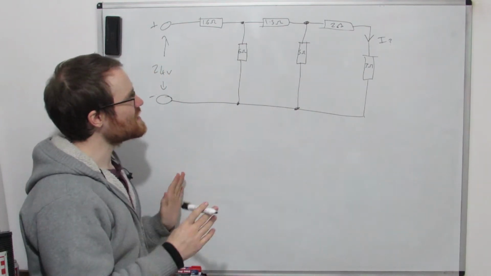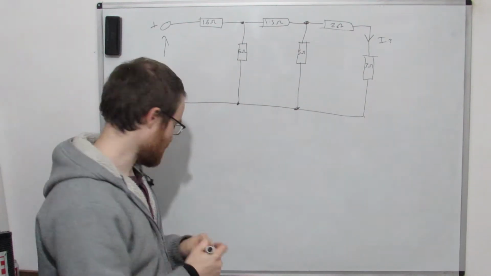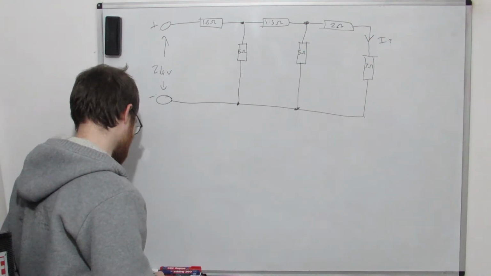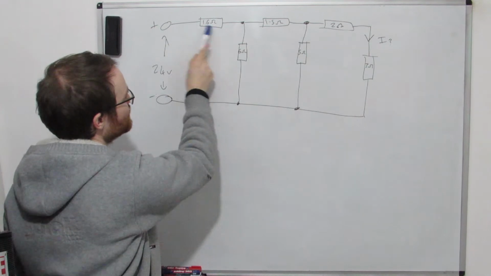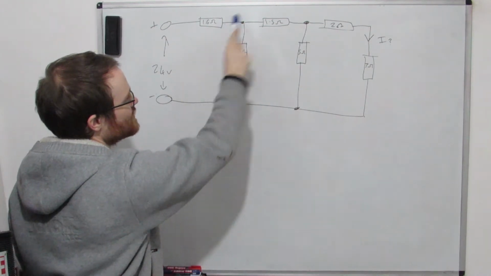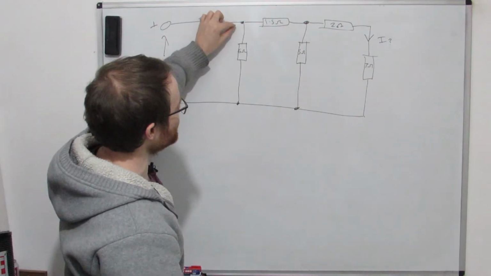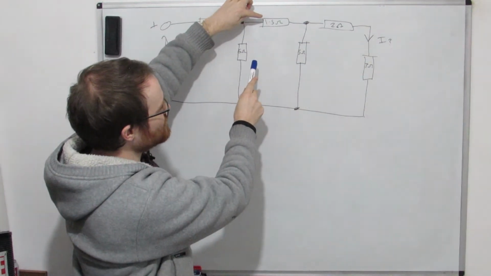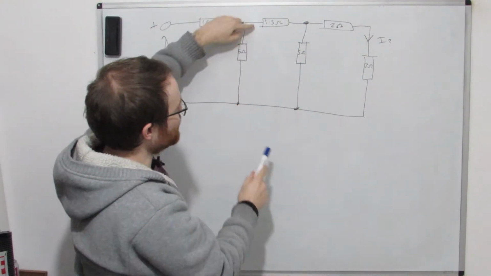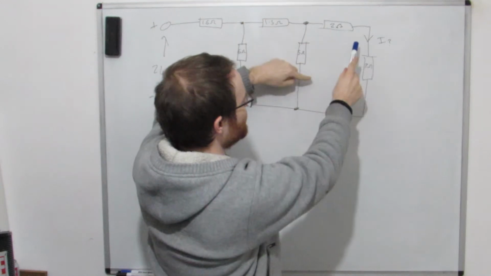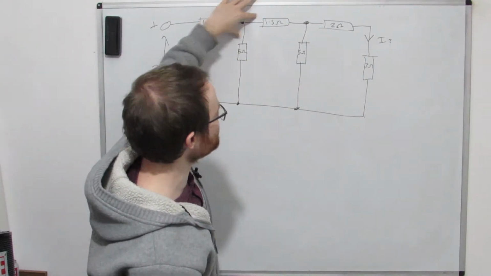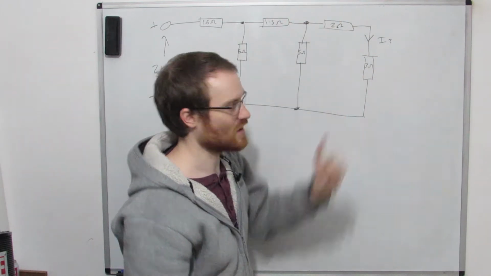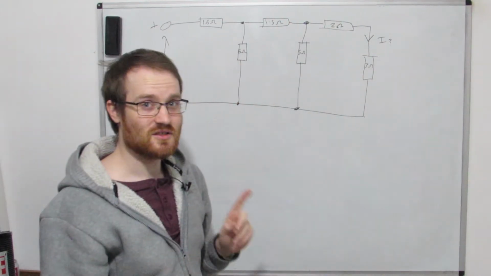The trap that you might have fallen into if you struggled with this is that you started here and thought, right, we go through this, so this is in series with all this stuff. Then we come to here and we've got these two in parallel, and then these two in parallel, and then this one in series, so this in series with these two, in series with these two, in series with this guy. And that is not right.